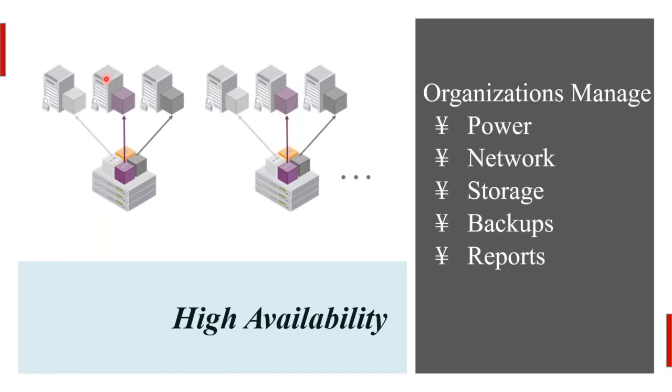To maintain the high availability, again you need to maintain the power, network, storage, backups, reports. Power is most important. Even network is very important because you need the right amount of bandwidth to transport the data from one server to another server, from one location to another location.